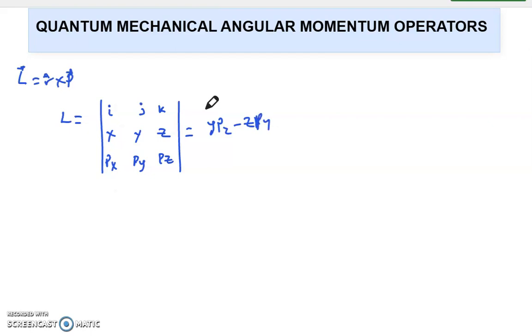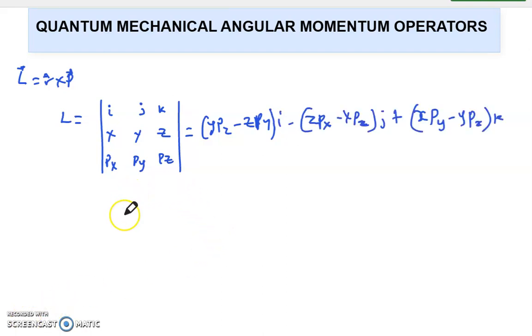You simply close the i side and take the cross product of j and k. This is the resultant vector of our cross product.